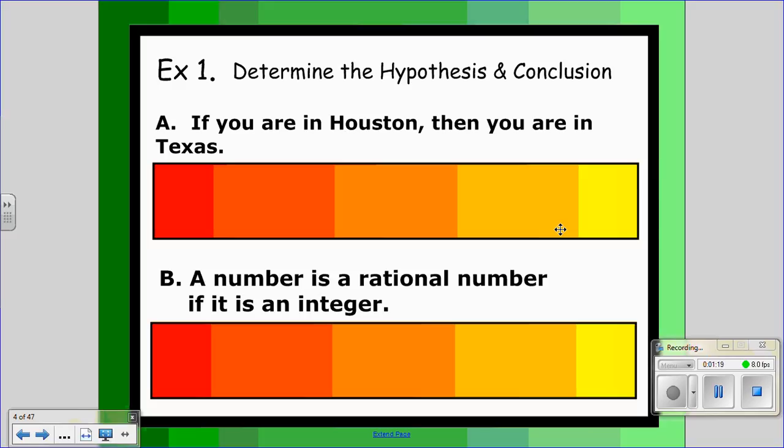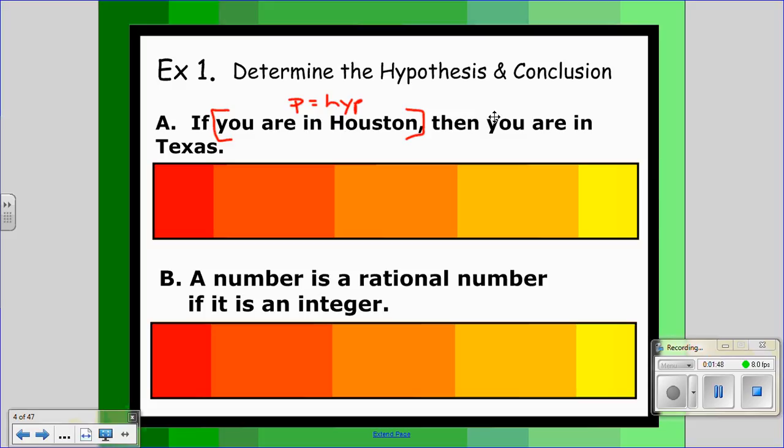In this example, you're going to determine the hypothesis and the conclusion in the two different statements. I'll work the first one with you. The first one says, if you are in Houston, then you are in Texas. So again, the hypothesis is everything that follows the word if. So I would put a bracket around it. And again, it's P, or your hypothesis.